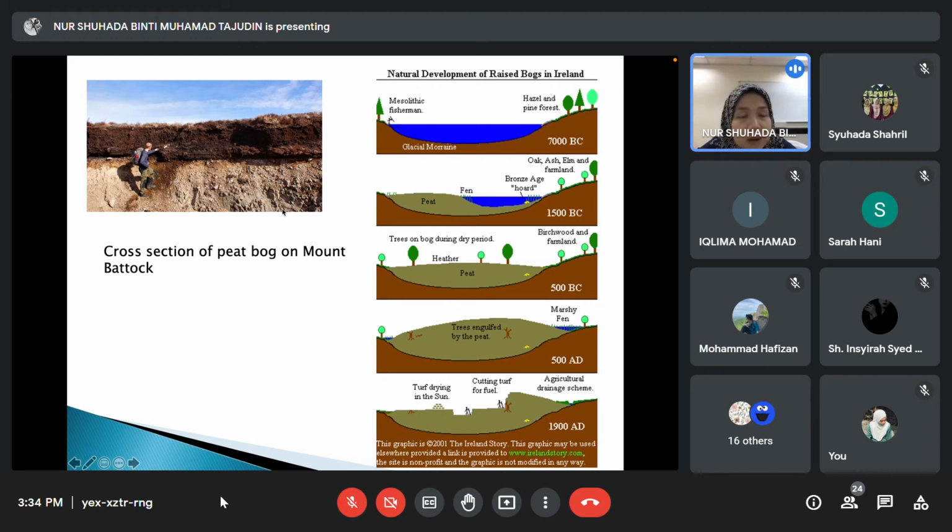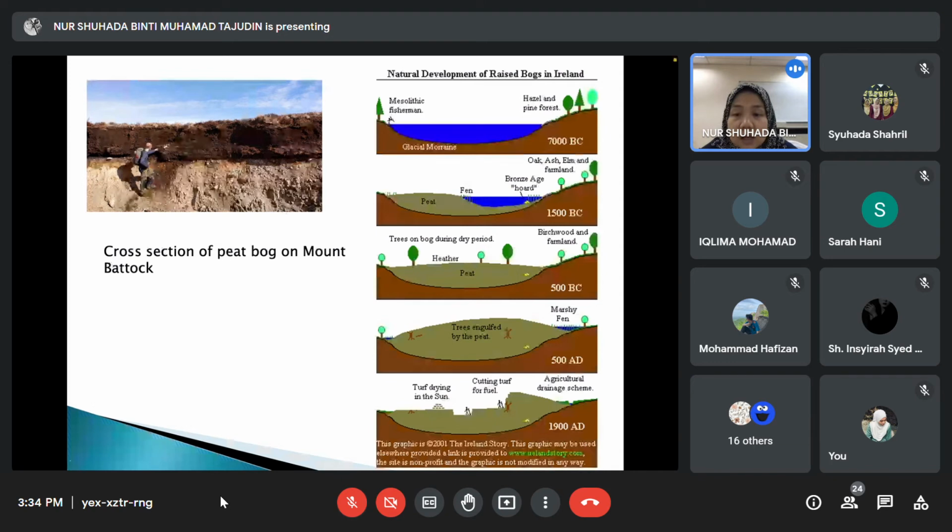Okay, so these are some of the examples as you can see. Okay, banyak ni dia punya O layers. Okay, which is very very thick. Okay, so last time it was this one it's macam tasik. Okay, but from time to time dia develop dia jadi peat yang macam ni. Dia jadi daratan. Okay, tengok 7,000 before century.